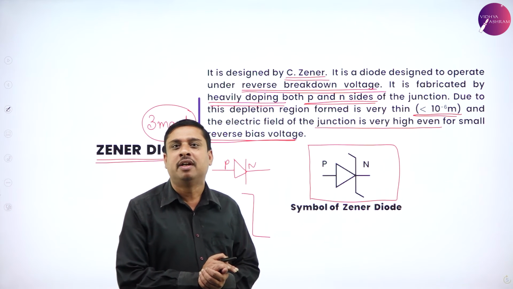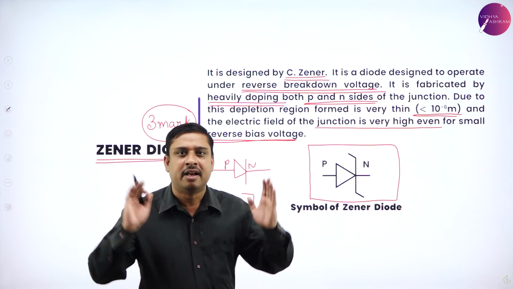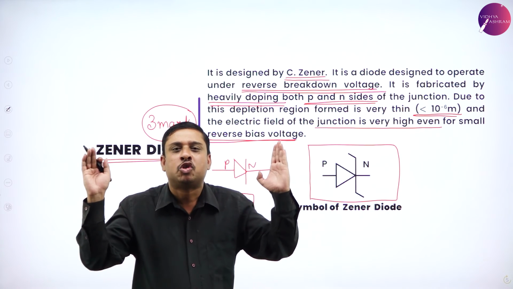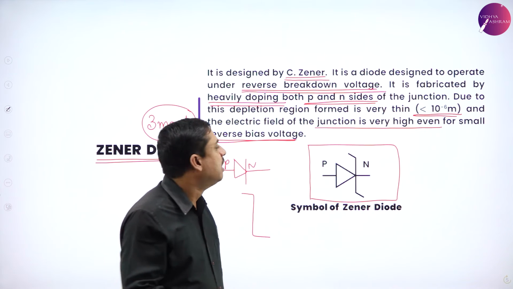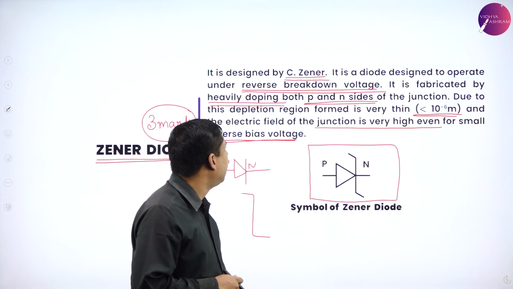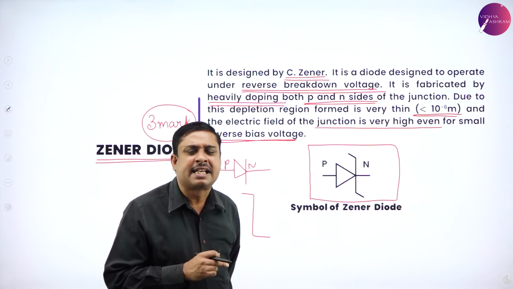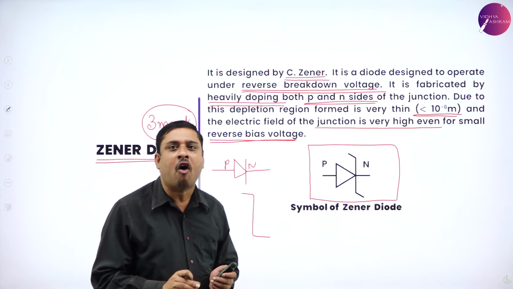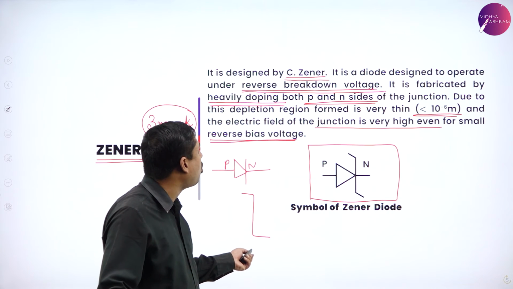The reason is that the depletion region should be very thin, around 10 power minus 6 meter. And finally, the electric field is very high even for a small reverse bias voltage.